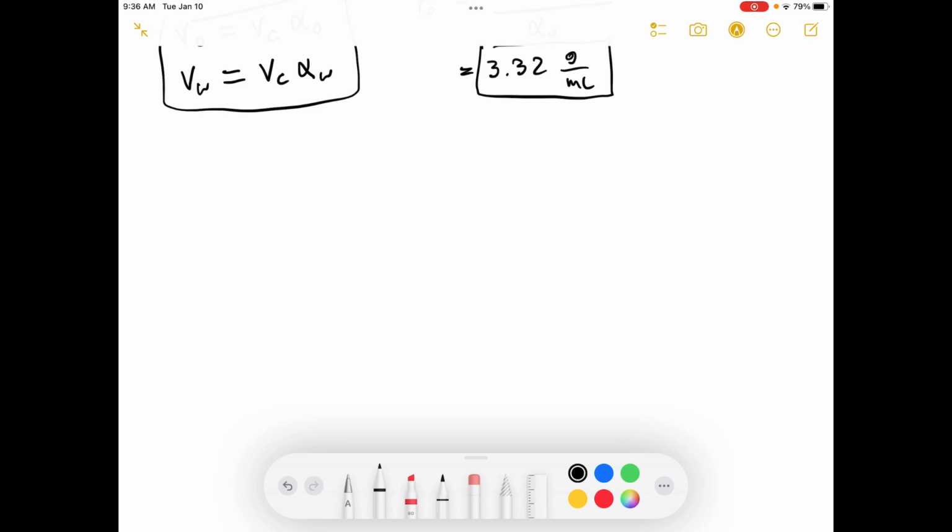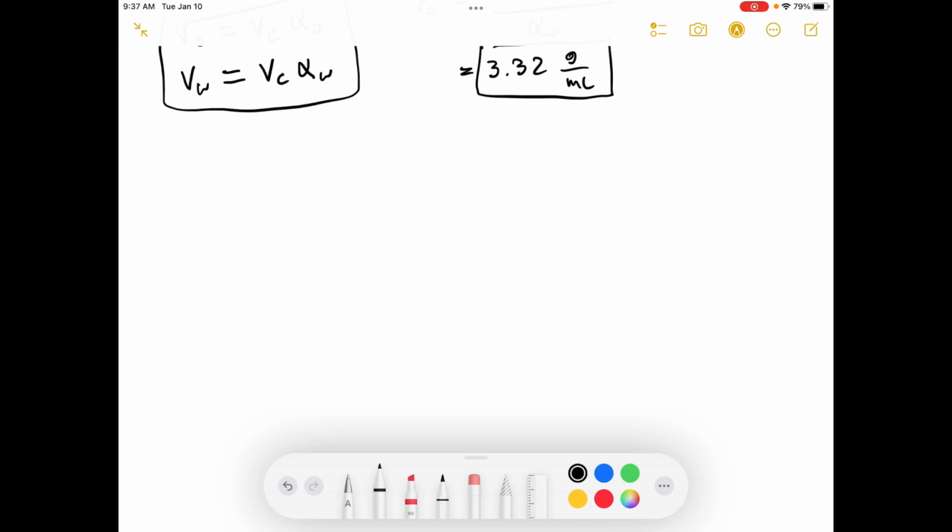Normally you would do this the other way around in order to calculate what the density of the oil is. You would get a known volume of the oil, and then you would weigh it, and then you would know the mass over the volume, and then you would know what the density is. So in this case, we're doing this a little bit backwards.